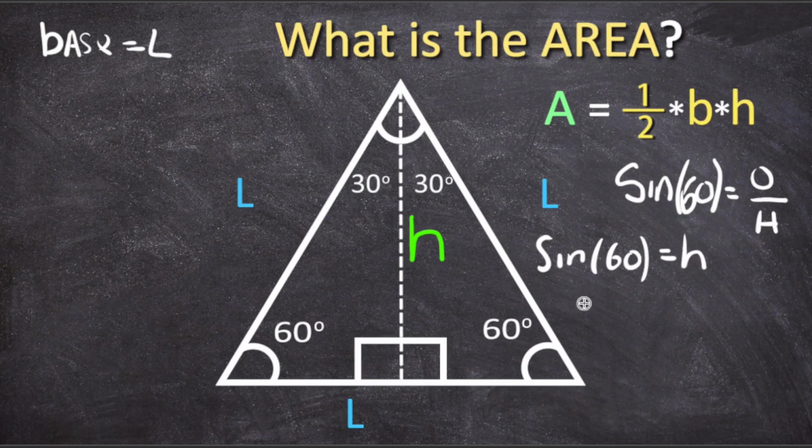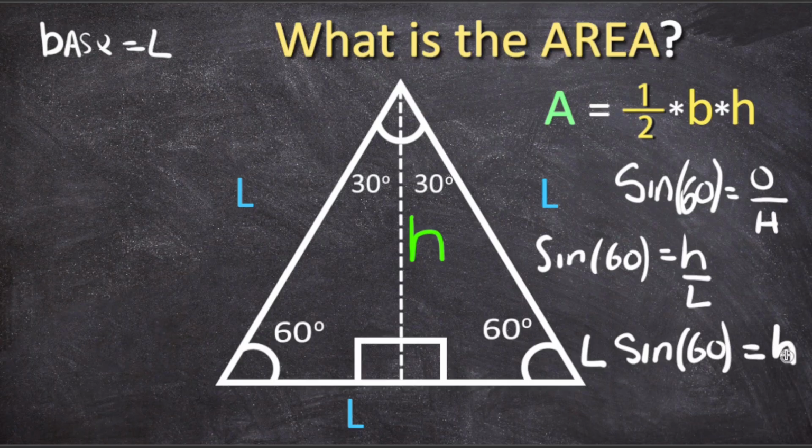Well, the hypotenuse is just the length of one of the sides. So it's height over length. If we want the height, we would have to multiply both sides of the equation by L. And that will give us L times sine 60 equals the height. So now we have the height. Let's put that over here.